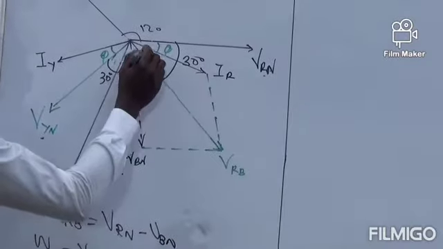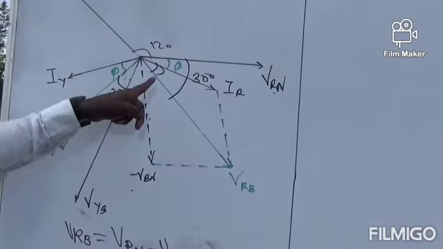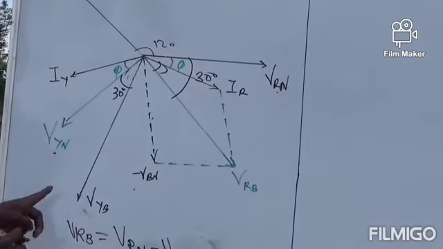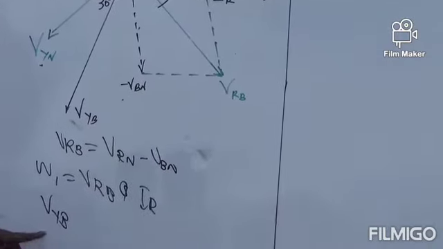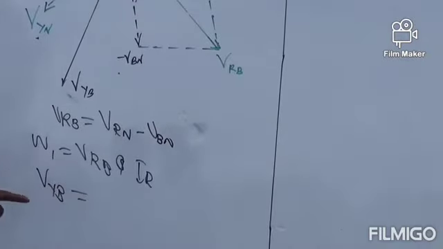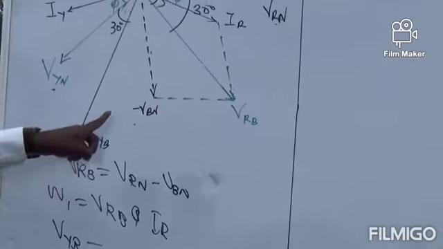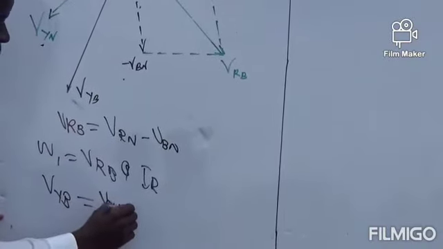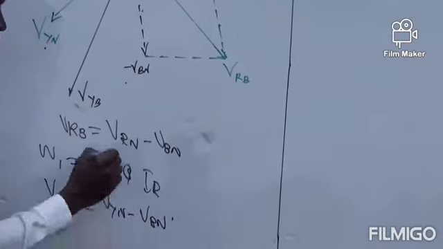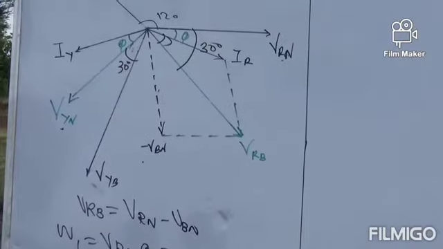And in the same way, VYB is between VYN and VBN, so this is equal to VYN minus VBN. So what is the wattmeter 2 reading?